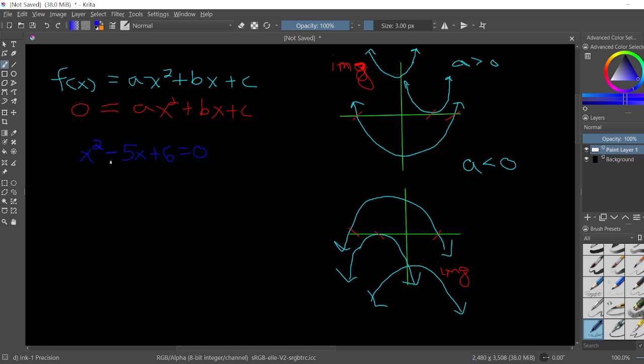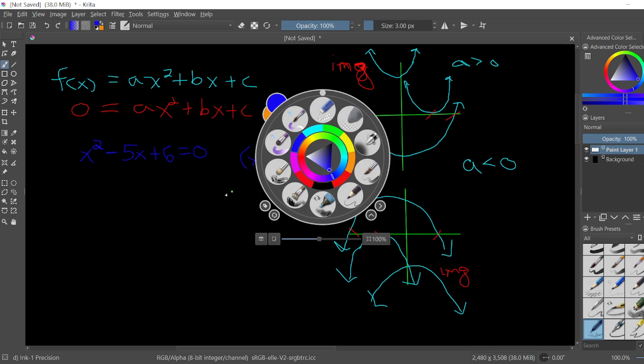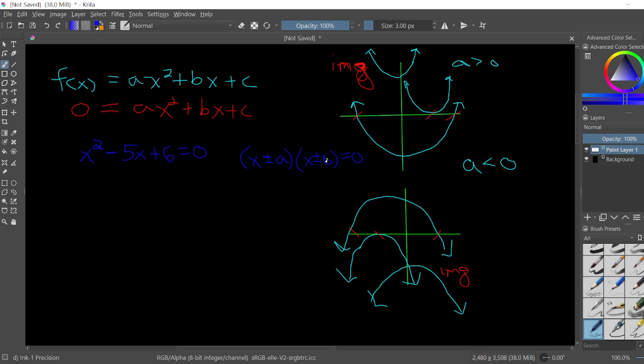And we're hoping that if it had a root or solution, it came from something where I had x plus or minus A times x plus or minus B equals 0. I should put capitals here because these are not the same a and b as in the quadratic equation.